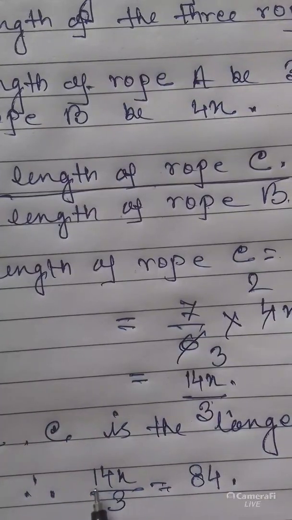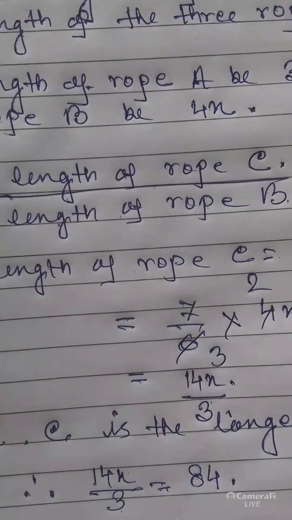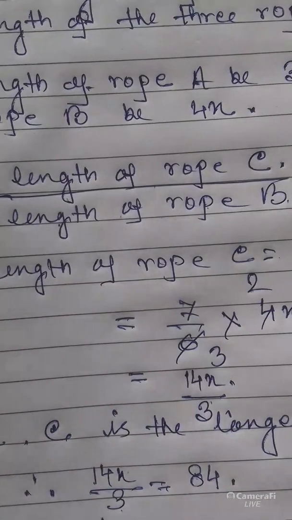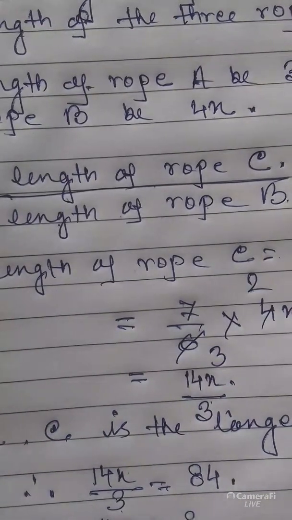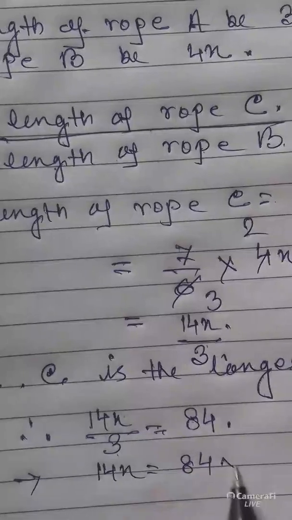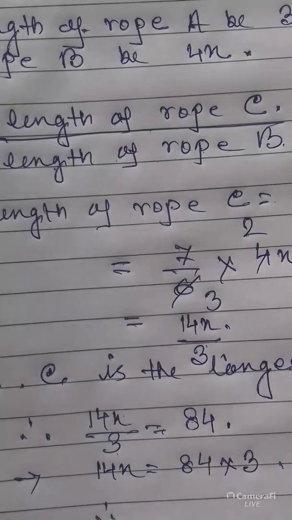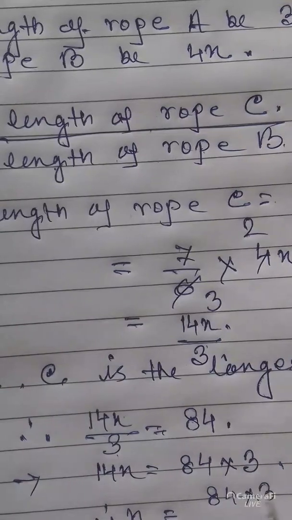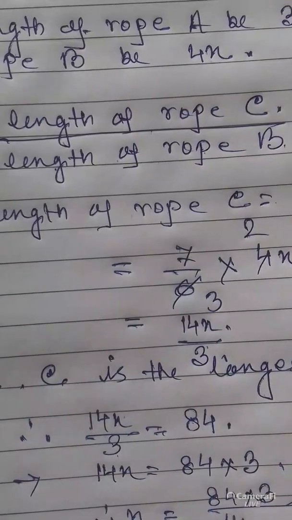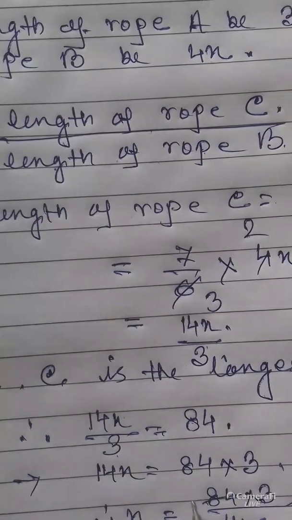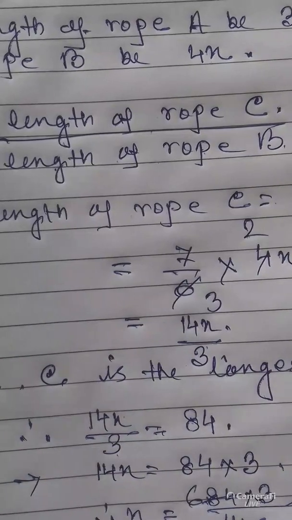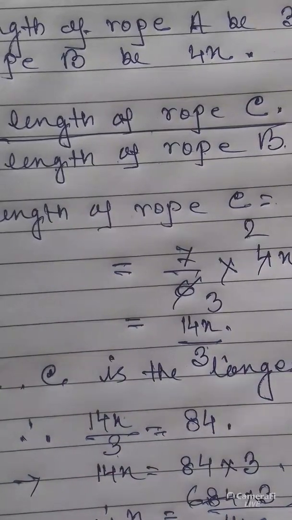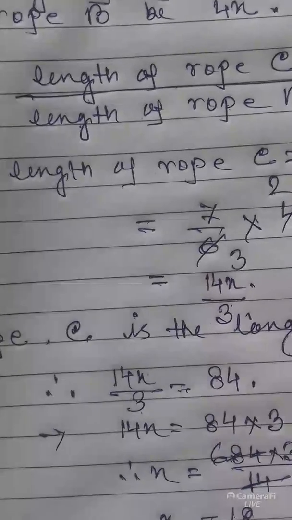According to the question, we can write 14x by 3 equal to 84. Therefore, 14x equal to 84 into 3, or x equal to 84 into 3 by 14. 14 6s are 84. So, x equal to 18.